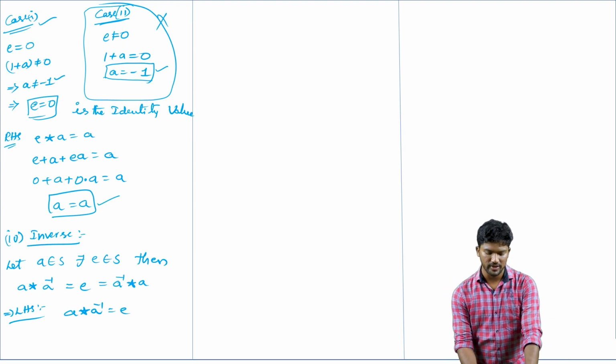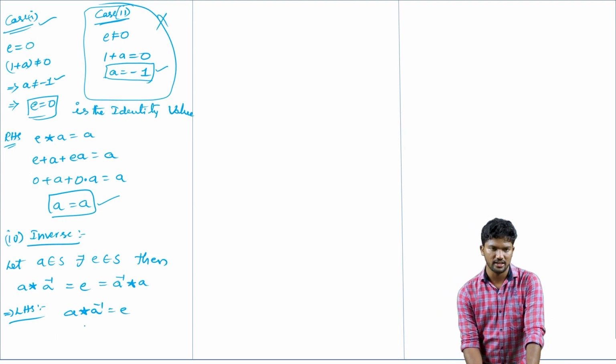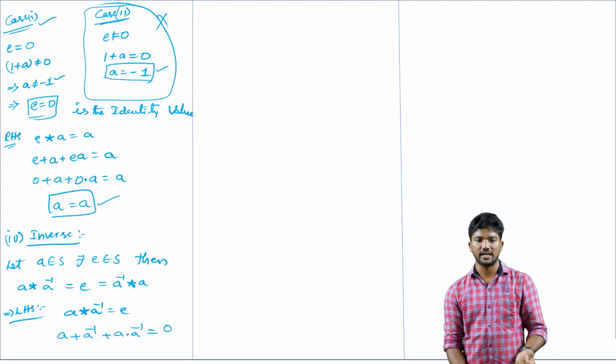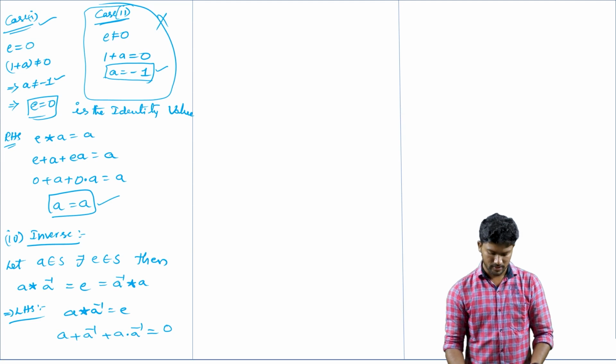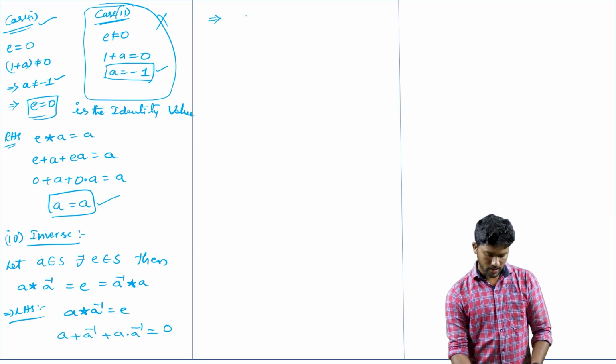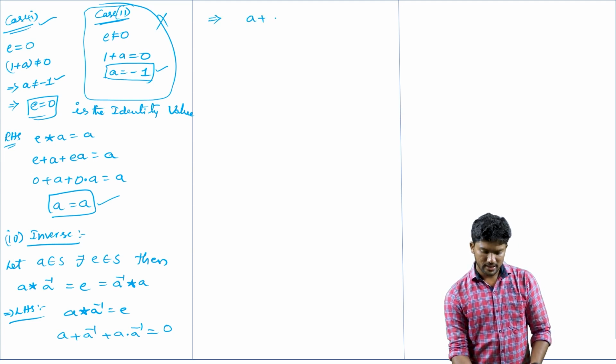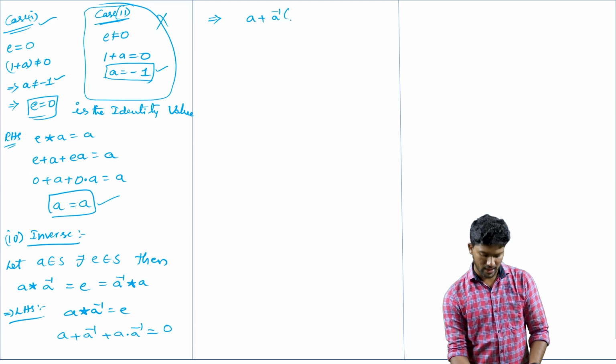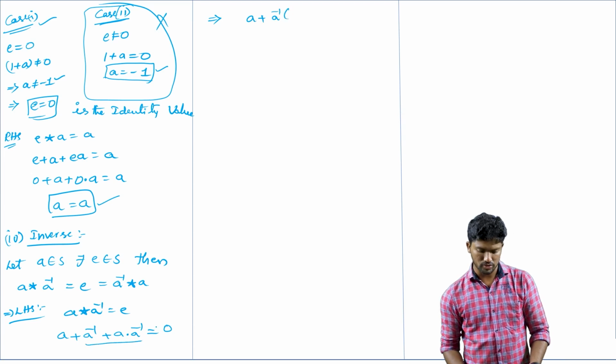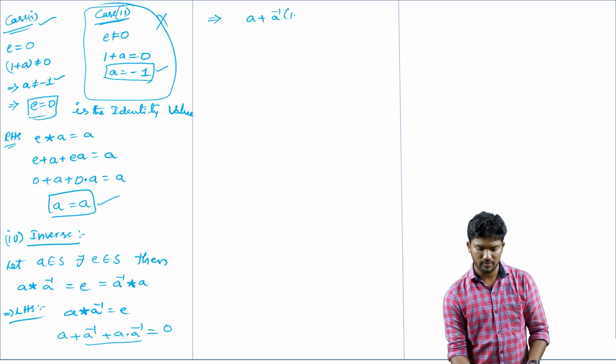In this LHS also we have the given condition, a star a inverse. Substitute the given condition: in place of a we have a, in place of b we have a inverse, so a + a inverse + a·a inverse is equal to, what is the small e value? 0, from the third identity condition. So a + a inverse common from the last two terms, you will get a + a inverse(1 + a) = 0.